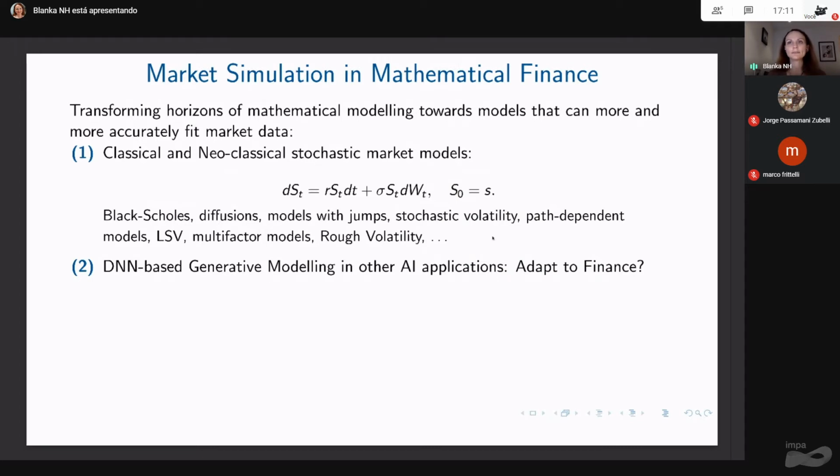It should reflect many properties of market paths that we observe. And this is exactly what we want to do in this new deep neural network-based generative modeling approach as well, which, as I mentioned earlier, was already available in other AI applications.